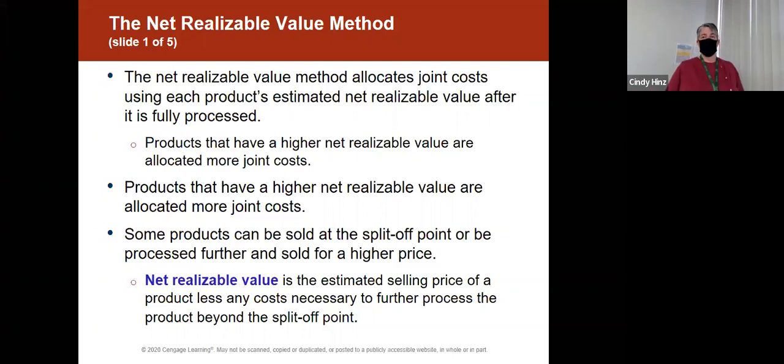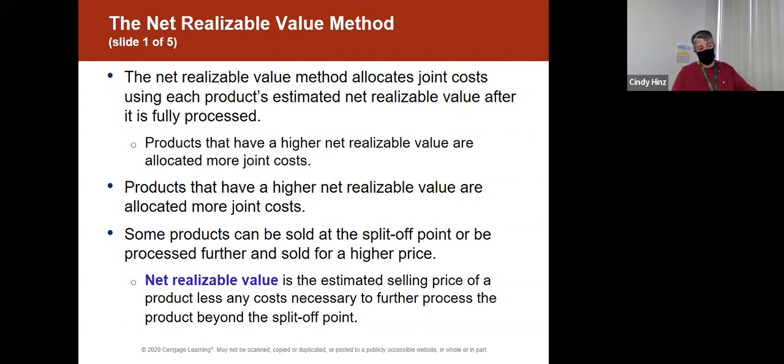So in the previous exercise, we used the net market value at the split off. For this exercise, we go to the end product and say, okay, how much is it going to be worth when we're done with it? And we use that as our way of allocating out the cost.